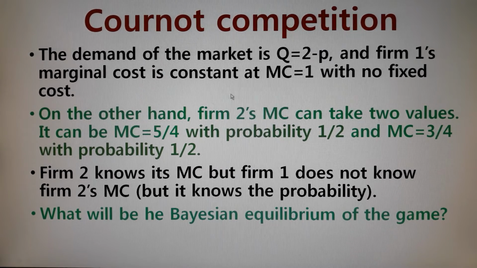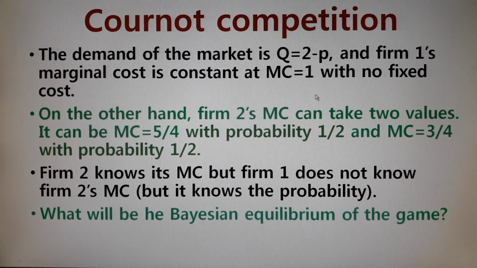We are going to assume that firm 2 has two types. The marginal cost of firm 2 can be 5 over 4, higher than marginal cost 1. Or with probability 50%, it can be 3 over 4, which is lower than 1.